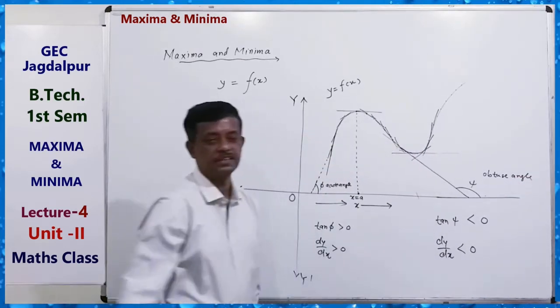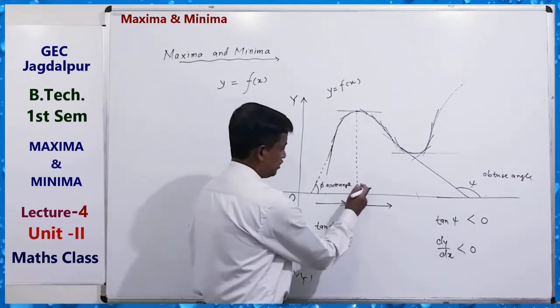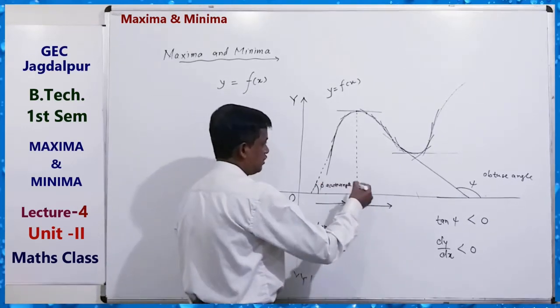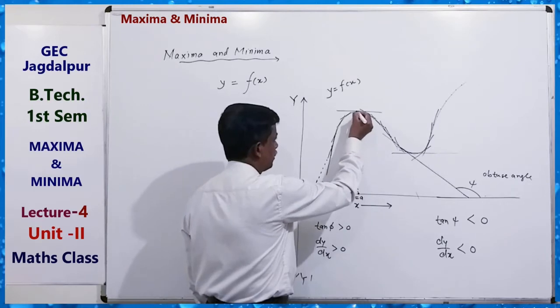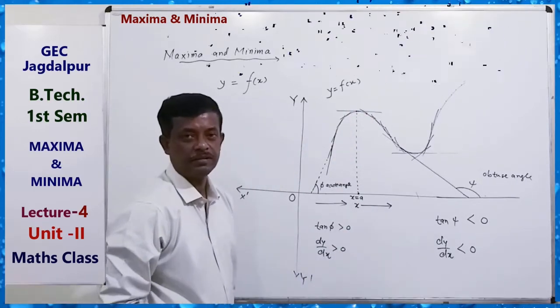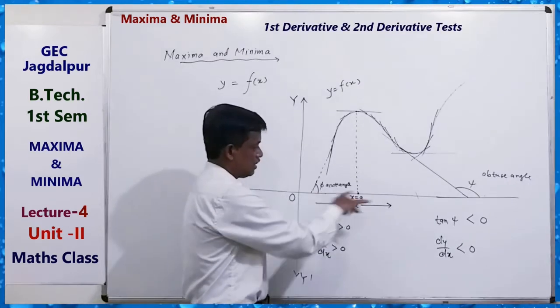And the derivative is less than 0 for x slightly greater than 0. Just at this point, the tangent is parallel to the x-axis.